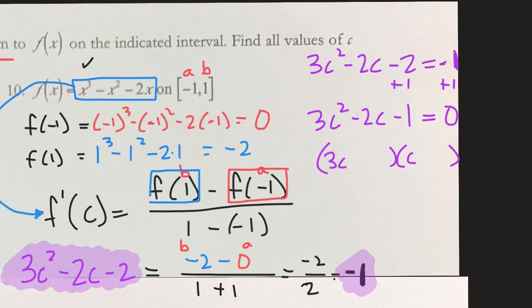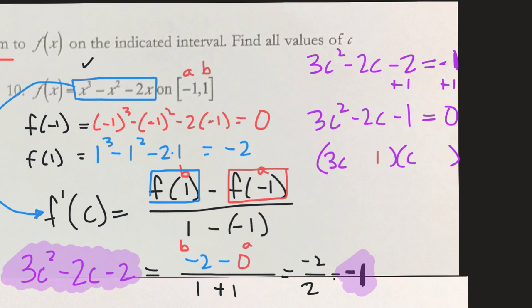So let me test, just to test, what if I put a +1 here and a -1 there? Now when I FOIL this, I'm going to get a positive 3c minus 1c, which gives me a positive 2. So clearly, these are the wrong signs, right? My signs are in the wrong place, because I want to have a minus in the middle.